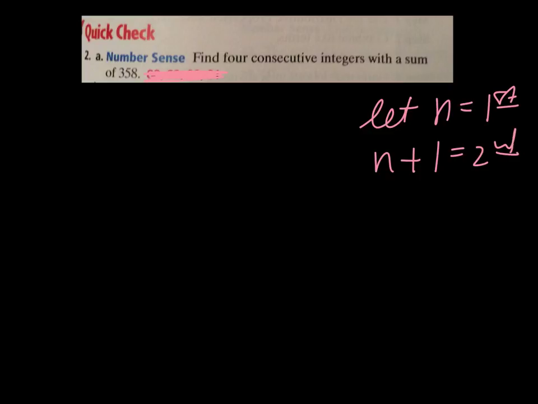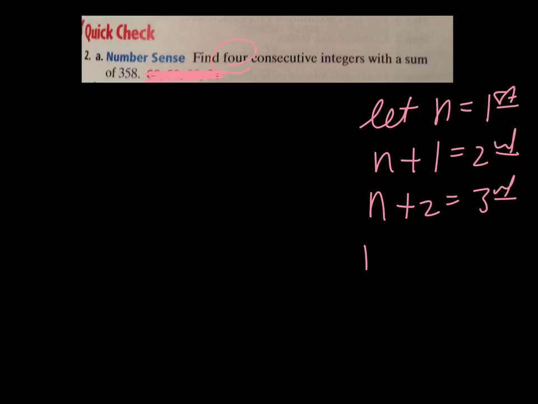So my first number, and that's what we call let statements. Let n equal the first number, right? Next number, n plus 1 is the second. Keep counting with me, ready? Third number, n plus 2, that's the third number. This one says 4 numbers.